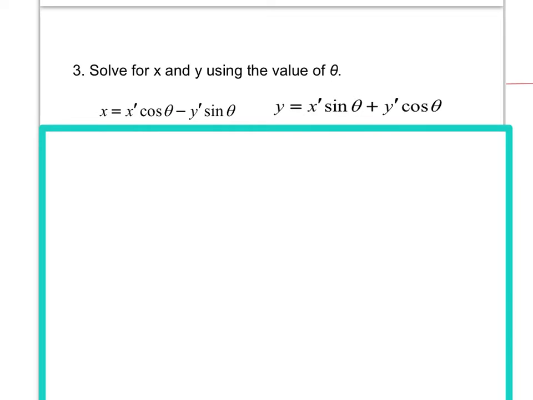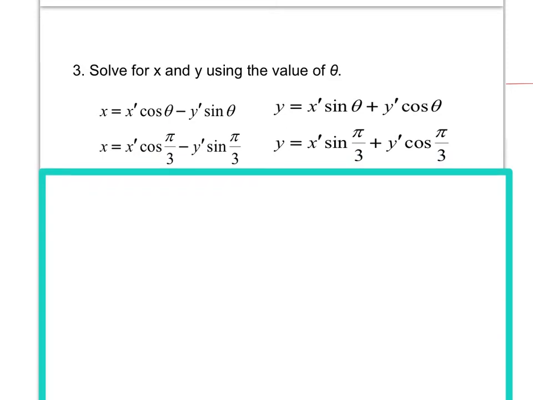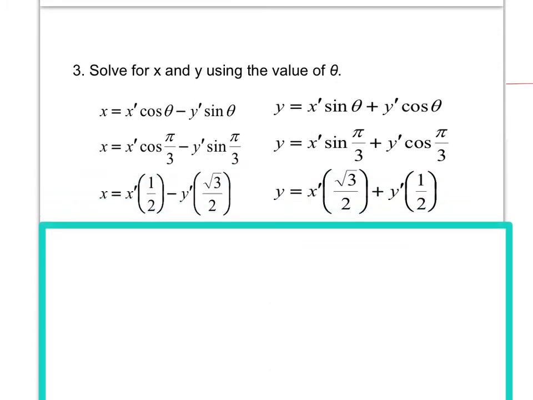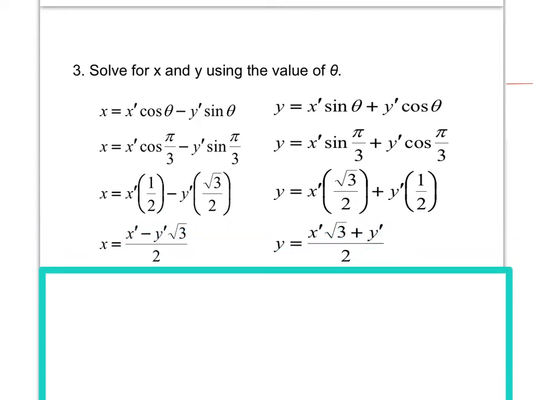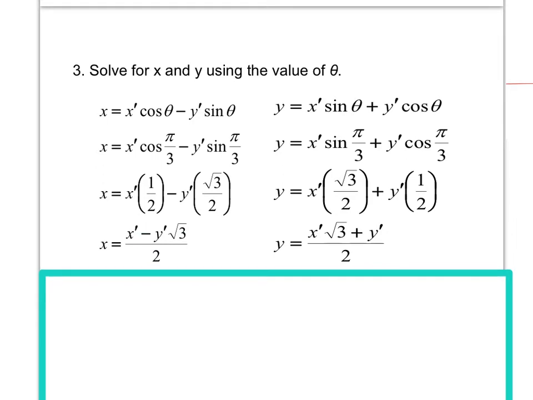So I'm going to take my value, pi over 3, and put it in for theta. Now, I know from my unit circle what the cosine of pi over 3 and the sine of pi over 3 are, so I can put those values in from my unit circle. You can leave it like that, or you could combine them into two single terms.